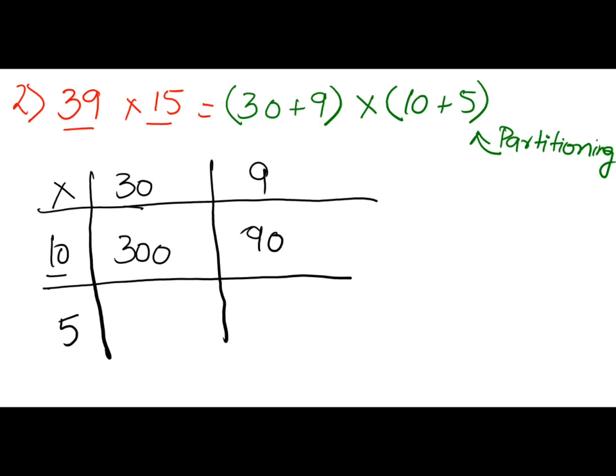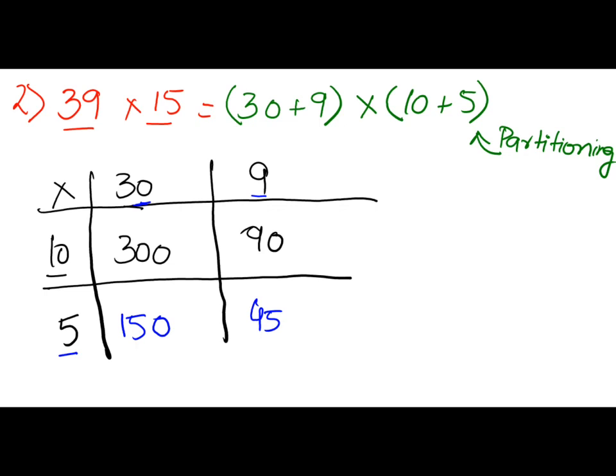Let us multiply this 5 with 30 first and then this 5 with 9. 5 times 3 is 15 and there is a 0 in 30, so I have written a 0 here. 5 times 9, we all know, is 45. In this type of situation you get four products: 300, 150, 90 and 45.